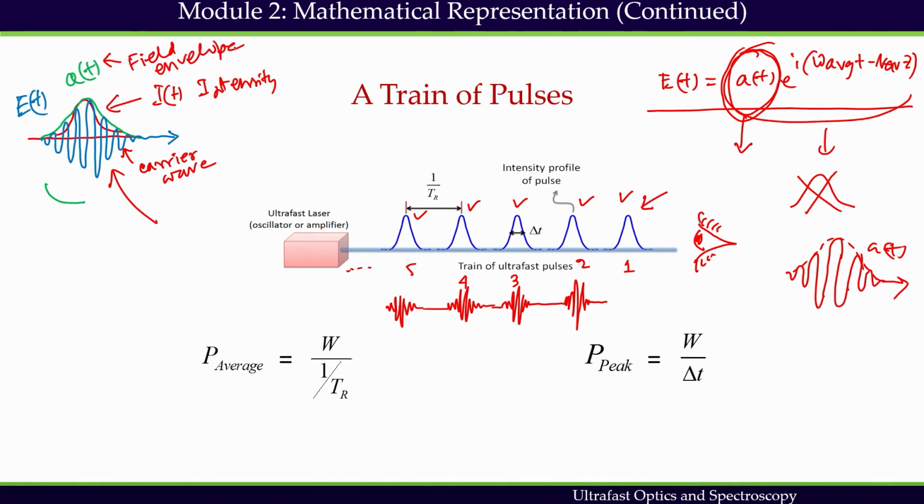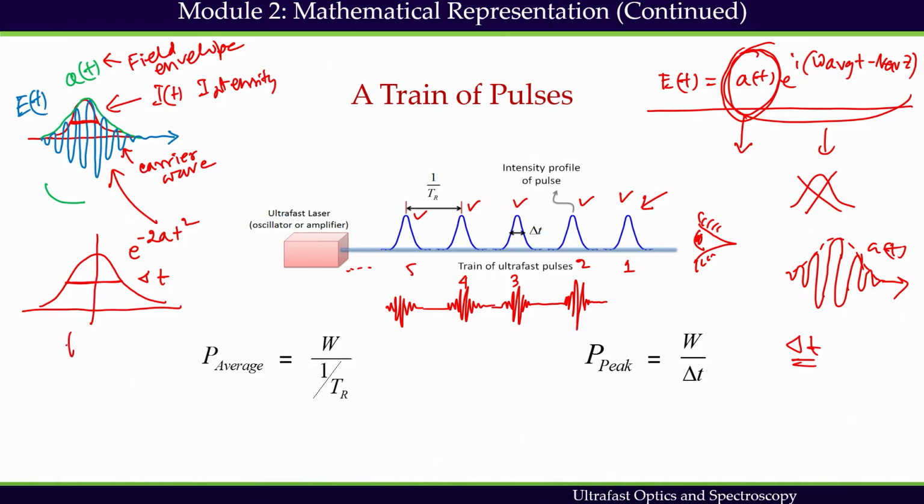And when we say that the pulse duration is delta t, we mean the full width half max of the intensity profile. We should remember this one. It is not the full width half max of the field envelope. And if we have an intensity profile like this, which can be represented by e to the power minus 2at square that we have shown, then the full width half max is going to be delta t.